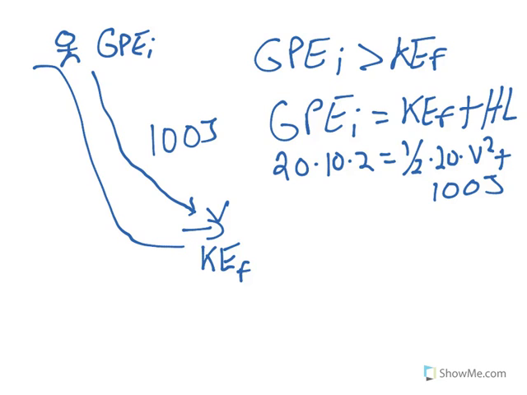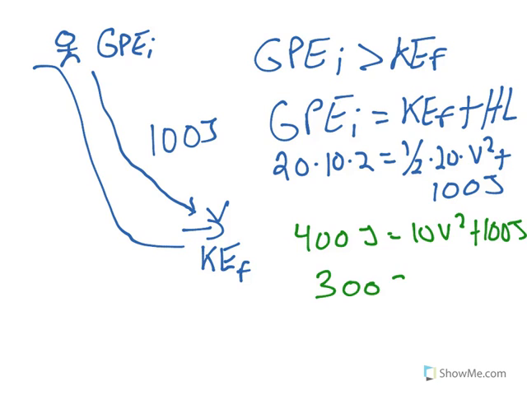Okay, so if we go here, we should have 400 joules equals 10 v squared plus 100. Subtract 100, we should get 300 equals 10 v squared. 30 equals v squared.